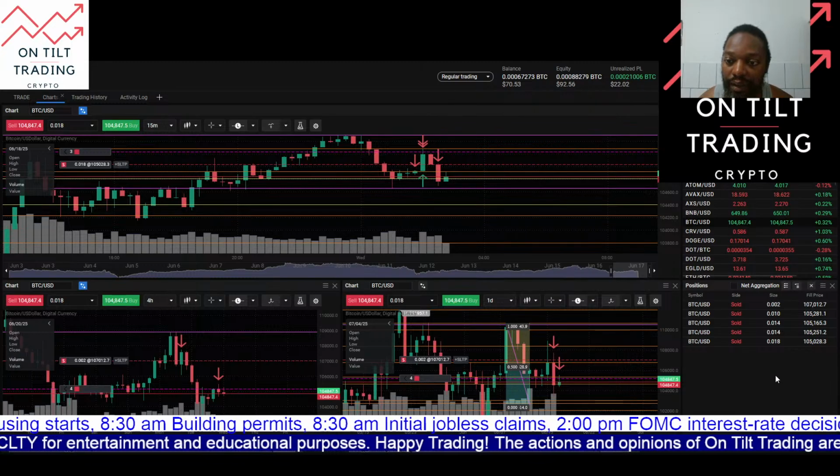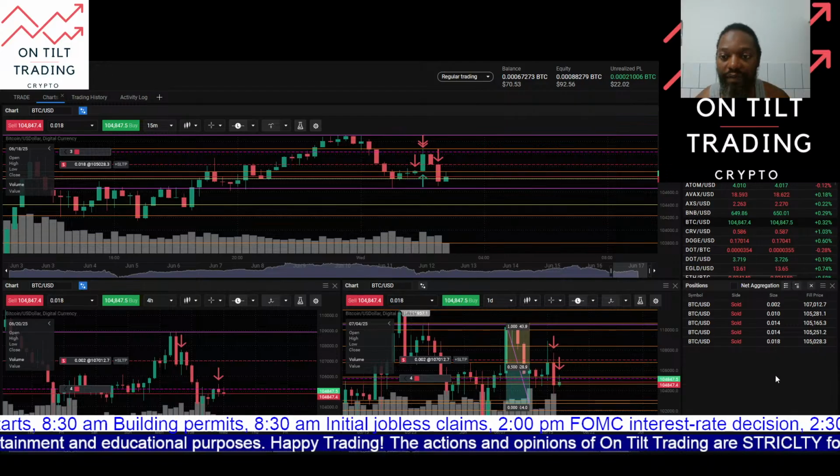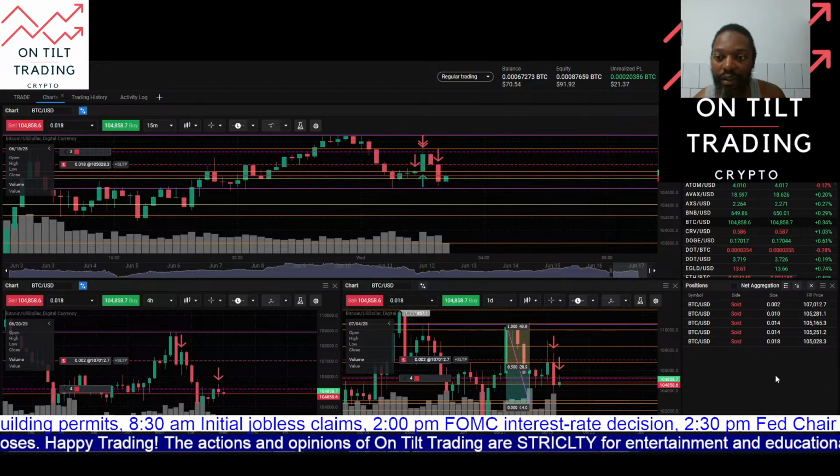Price consolidating here at the 104,850 level at 104,858.6.